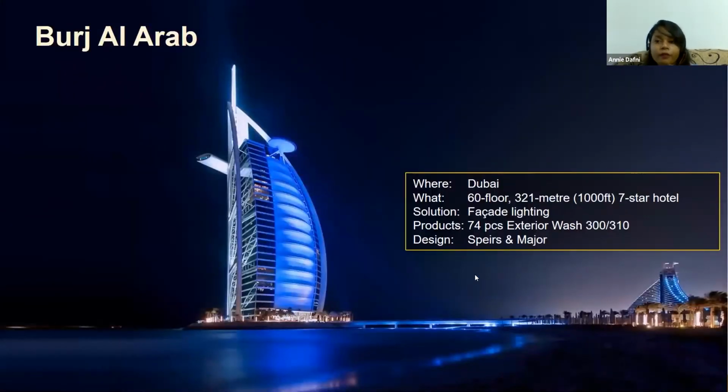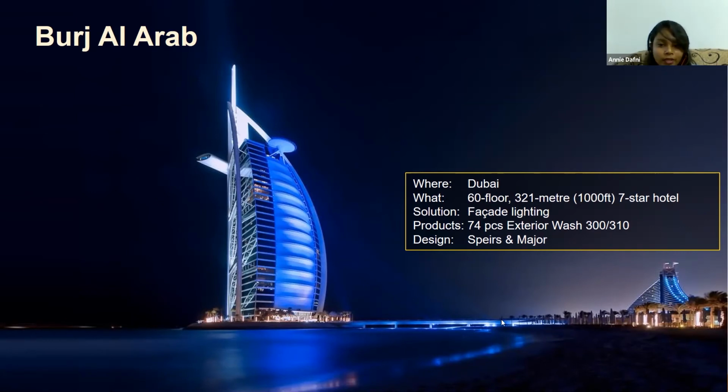So this is a perfect example, I would say, of the flood lighting technique. Most of us know the building. It's the Burj Al Arab in Dubai, a 7-star hotel, and the height of the building is almost 321 meters and has 60 floors. And we've used the exterior wash series here to highlight this building.